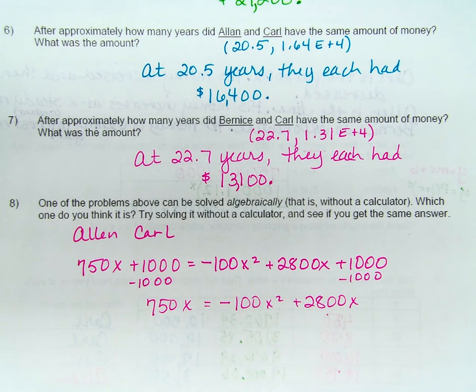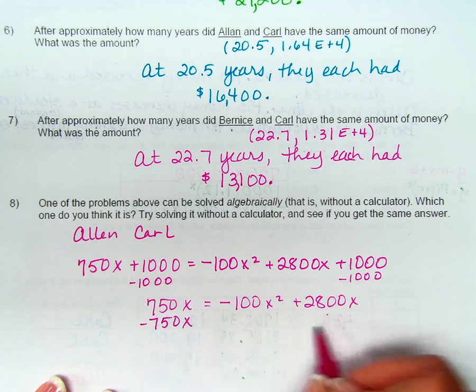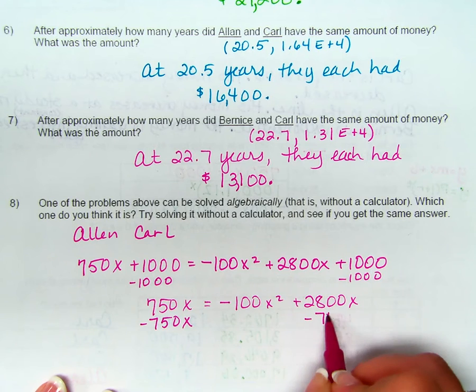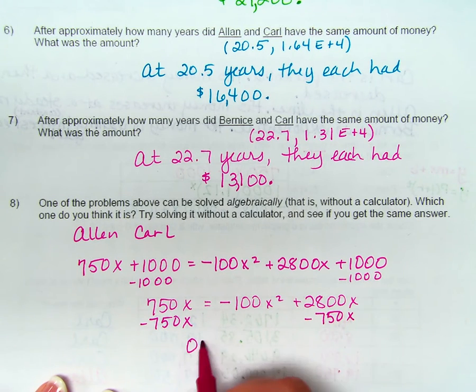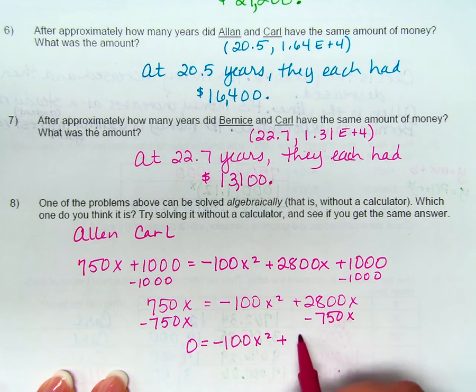It's quadratic, so what do I want to get it to equal? 0, right? So let's subtract 750x from both sides. Negative 100x squared plus 2,150x.